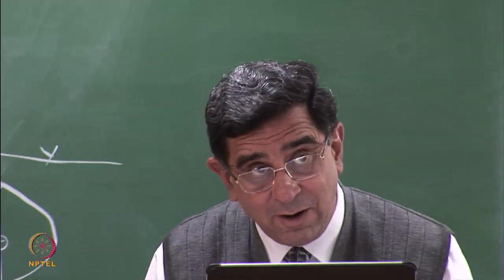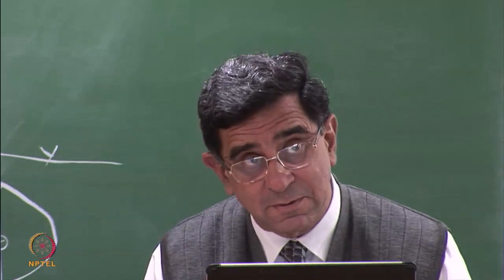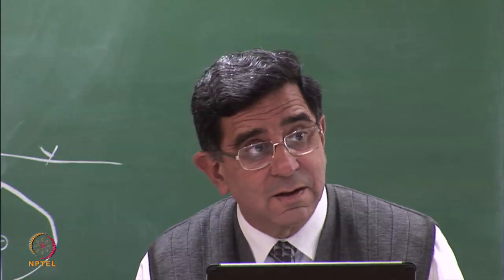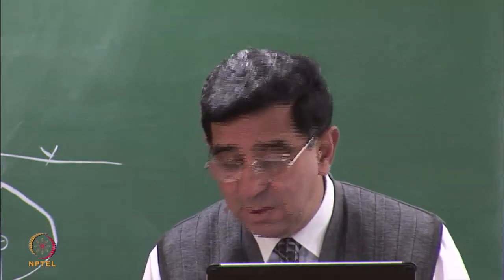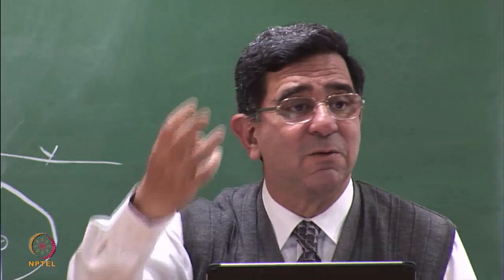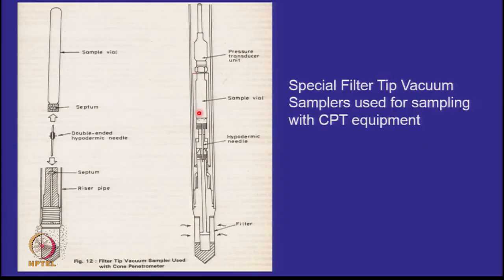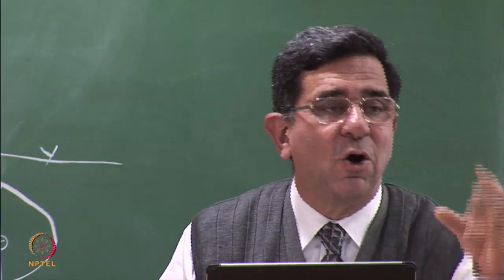Air. Or suppose you are looking for petroleum vapors. If your underground tank has leaked, then petroleum volatile organic vapors will be there in the void space. With the filter tip, you can get pore water samples or pore gas samples. And when the vial comes out to you, it's all sealed.